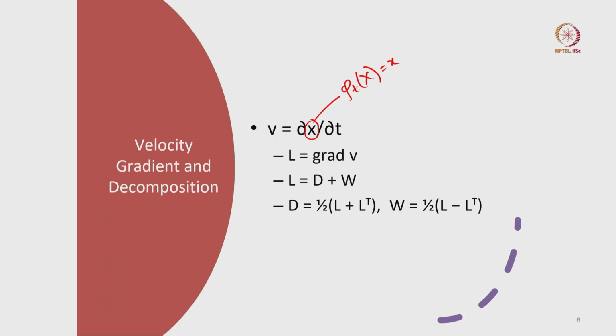Now the velocity gradient is nothing but the gradient with respect to small x of v, which is L, the velocity gradient. Recall that here the gradient is with respect to small x, not capital X, because v is now looked upon as a spatial vector, not a material vector.